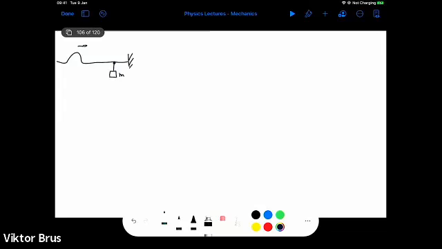When this pulse comes to the point where this mass is located, it will look something like this.